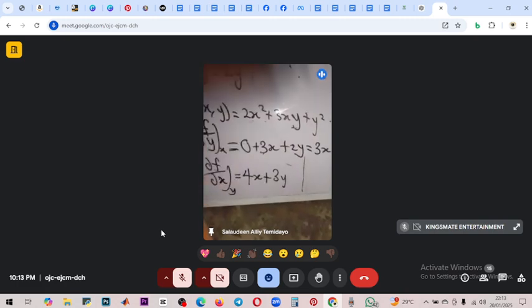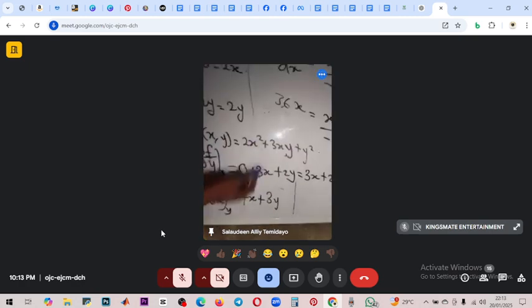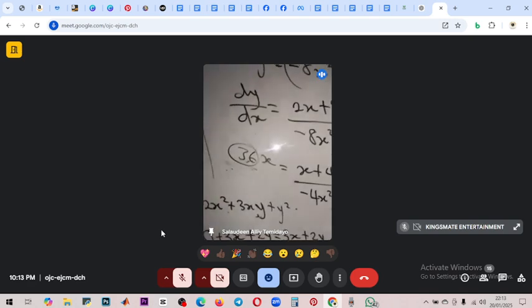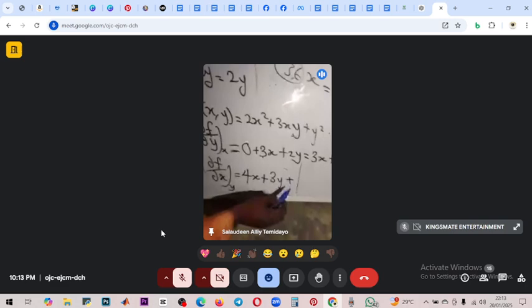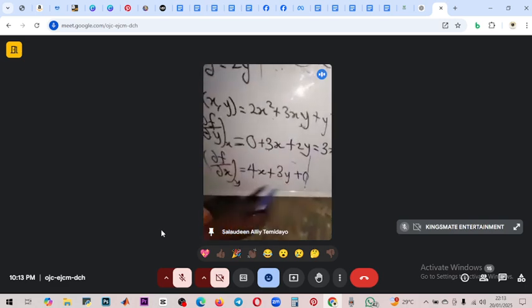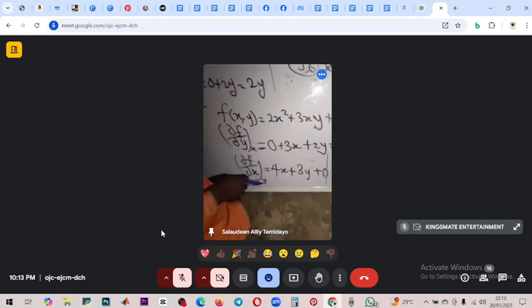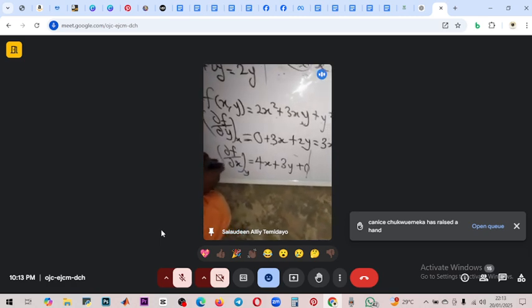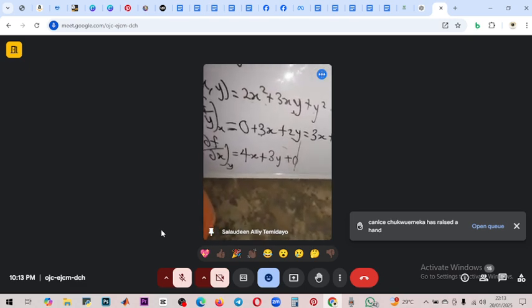Because if you have 3 and 6x, you can't differentiate this without having 6 as the answer. So just take 3y as the answer here. Plus y squared is 0, because we are differentiating with respect to x, taking y as a constant. This is what we mean by partial derivative. We are differentiating with one variable and we are making the other a constant.